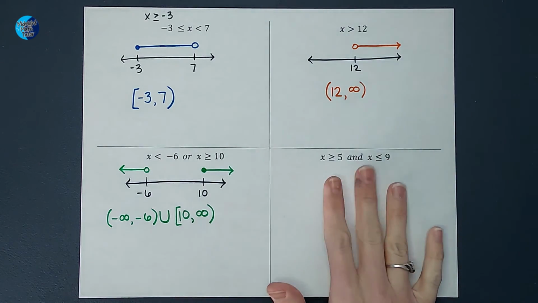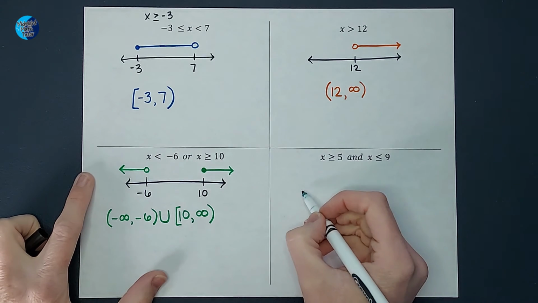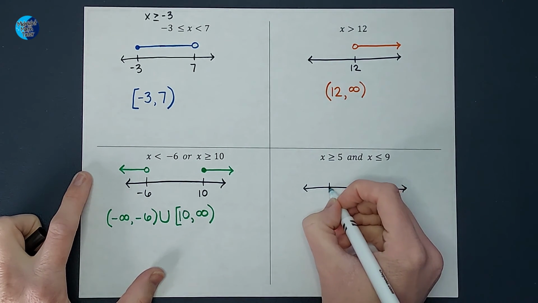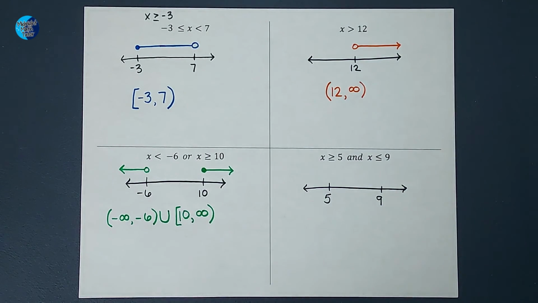All right, last one. We have another and inequality. So here is my number line. The numbers we are concerned about here are 5 and 9. So x is greater than or equal to 5. So there's that equal to.